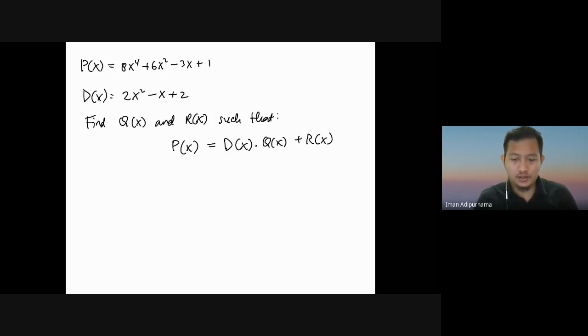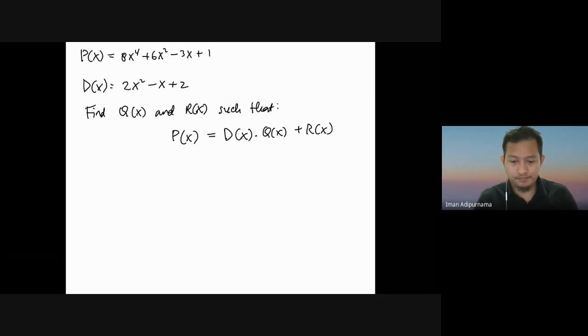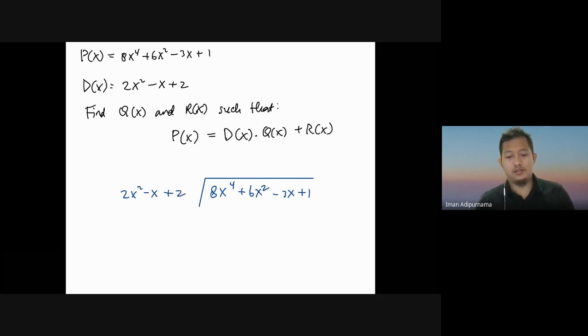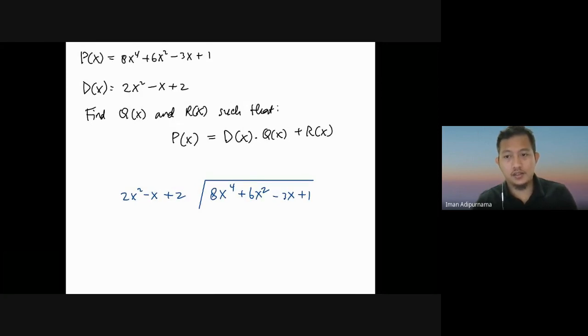You can start by writing 8x to the power of 4 plus 6x squared minus 3x plus 1, divided by D. I hope the method is understandable and easy to follow.